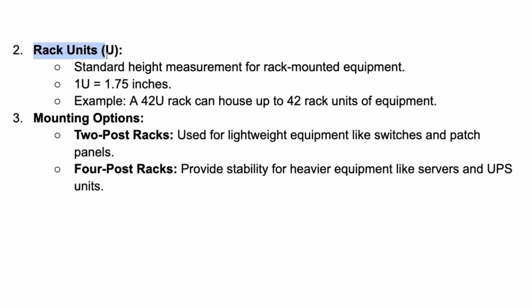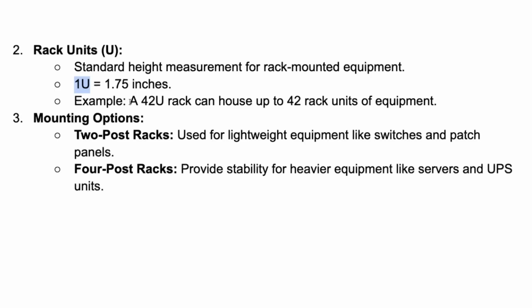So if somebody says it's a 25 rack unit, you need to take that 25 and multiply it by 1.75 inches to actually get the inches. You can't use just a normal measuring tape to figure this out, because if they say it's 25 units, they're not saying it's 25 inches. So you need to take the 25 units, multiply by 1.75 inches, and then measure with your measuring tape.